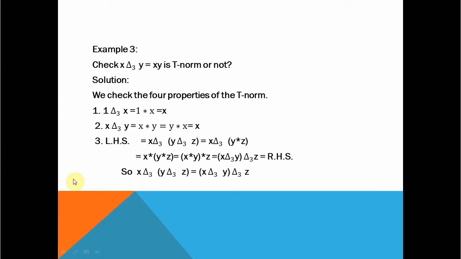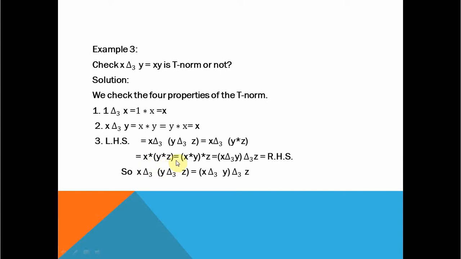Now we go for the third property, which is associativity. Here we take x delta 3 into (y delta 3 z) is equal to (x delta 3 y) delta 3 z. Delta 3 is multiplication, so we apply delta 3. It is x multiplied by (y multiplied by z).